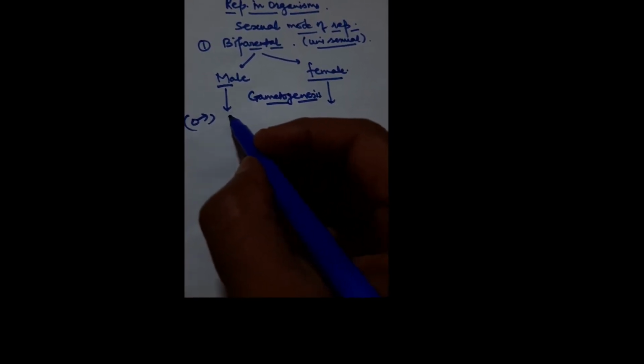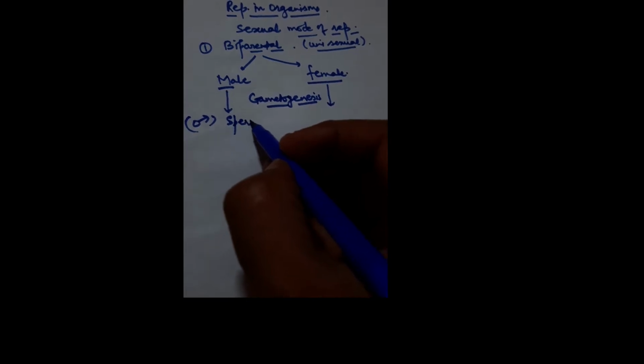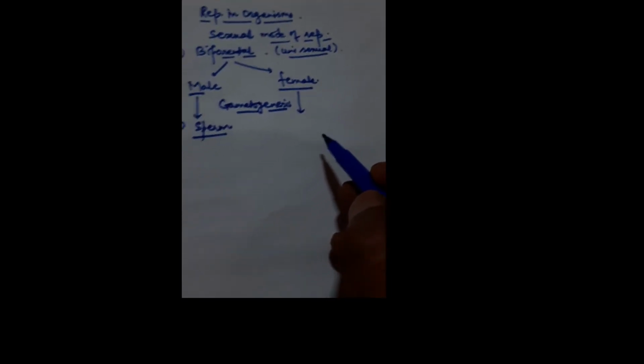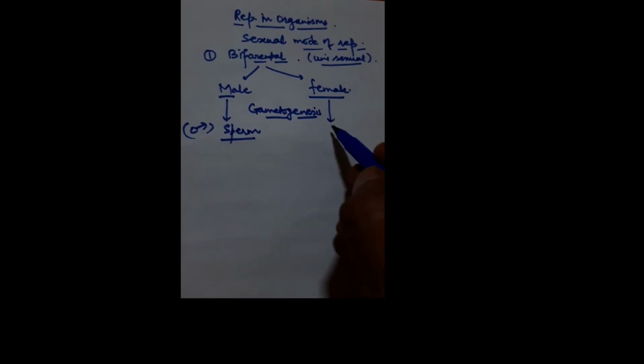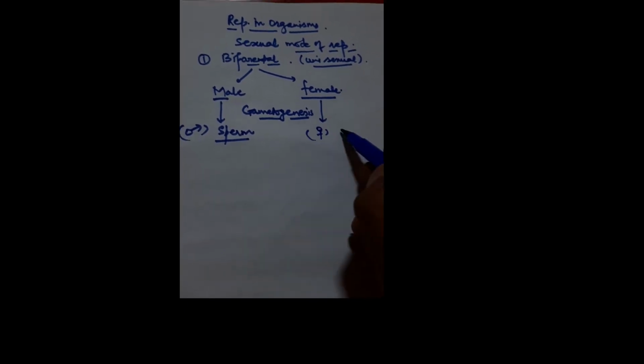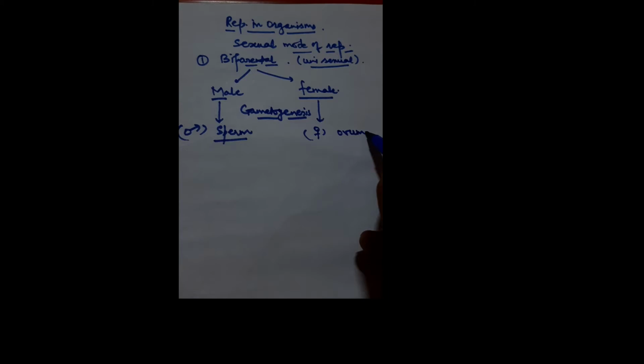The male parent forms the male gamete, and the male gamete is the sperm, as we can take the example of reproduction in human beings, and the female gamete is the ovum or the egg. The gametes which are formed are haploid structures.